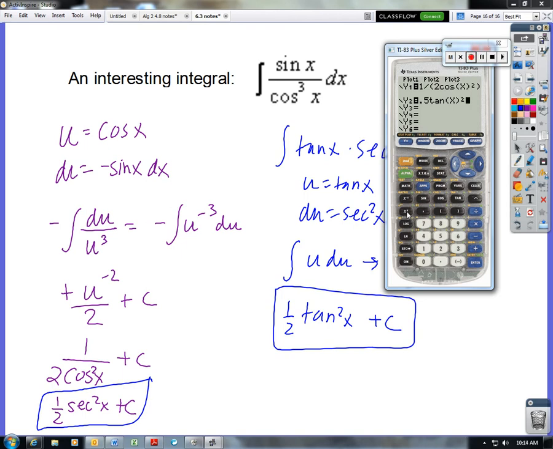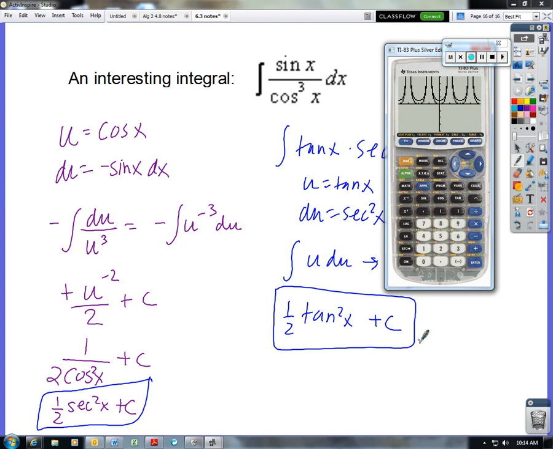And let's do a zoom 7 for a trig window. I like those. Oh, look at that. What do you think? Well, these two curves are vertical translations of each other, which is perfect because they vary by a c, which is a vertical shift. So it just goes to show you that both of these integrals are correct.